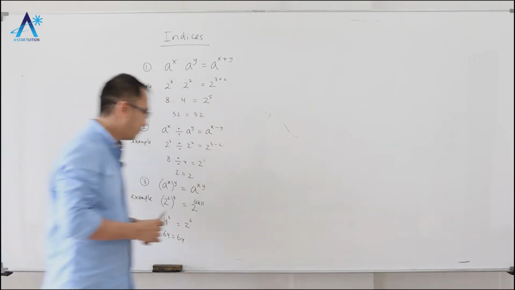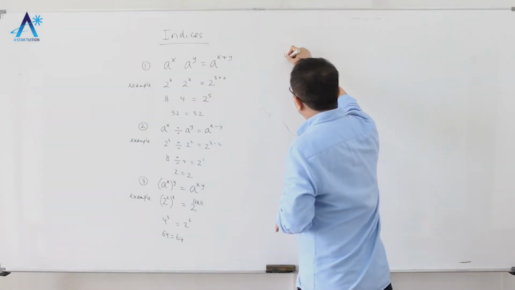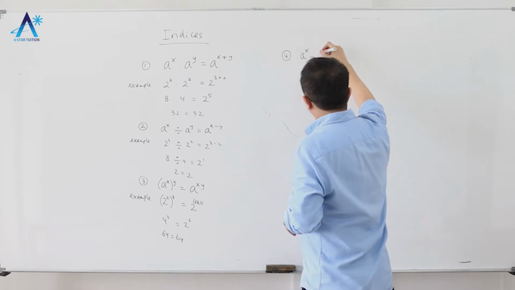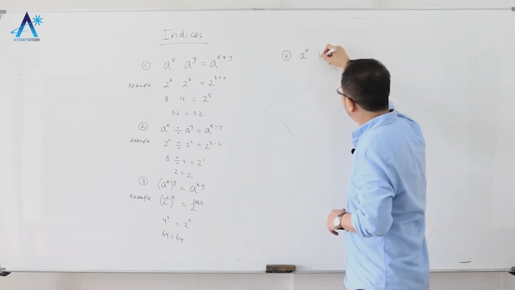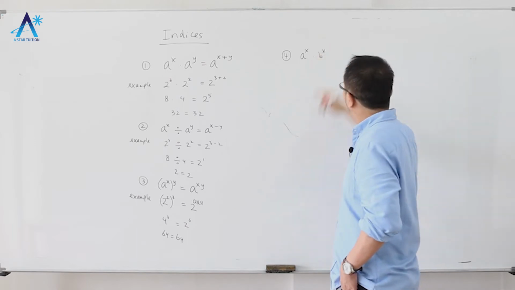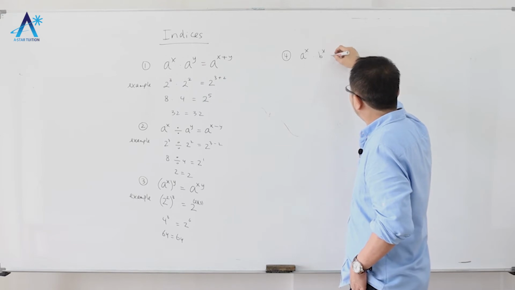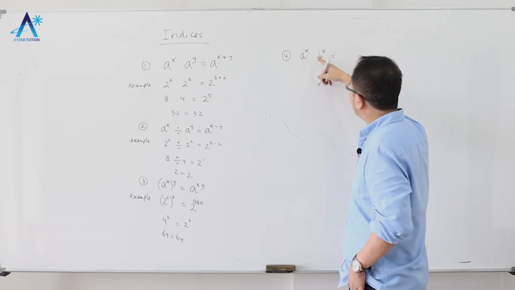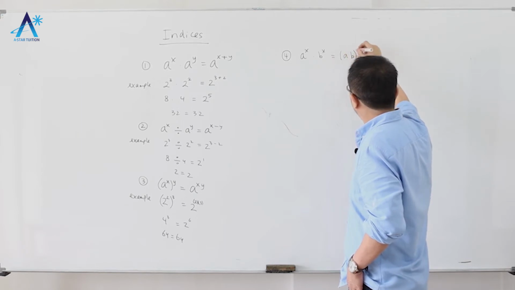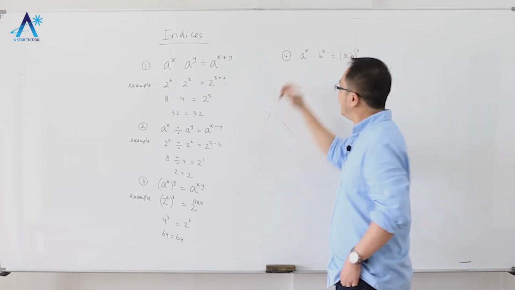Moving forward, rule number 4. This is the product of two terms having different base while having the same power. a to the power of x times b to the power of x is equal to a times b, to the power of x.